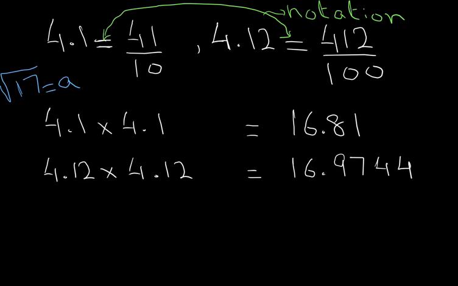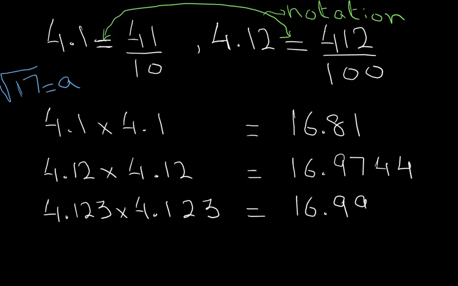Okay, so let's try more. Let's look at 4.123. That's even better. If I look at 4.123, which is another decimal fraction, we find that this is equal to 16.999129.